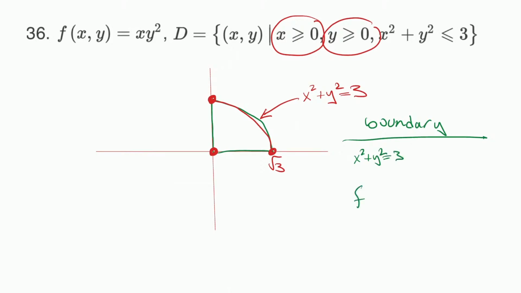The way that I'm going to do this is I'm going to take f of x, y, and I will substitute y squared. I see that y squared. There's no need to write square root. I mean, I could. Let me just show you what I mean. Okay, so this would be the square root of 3 minus x squared.